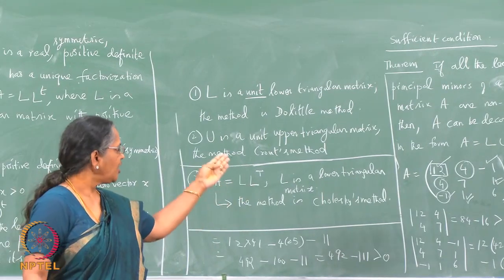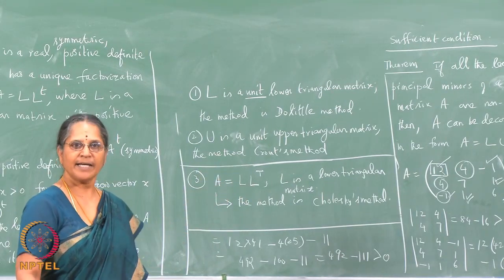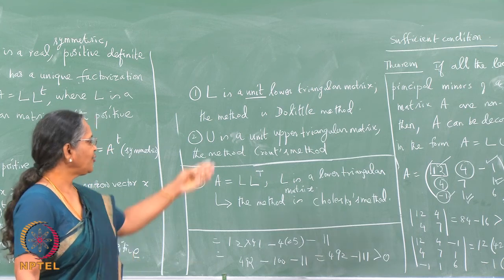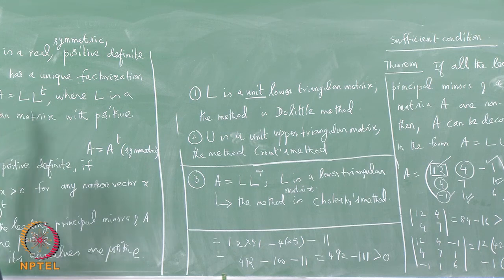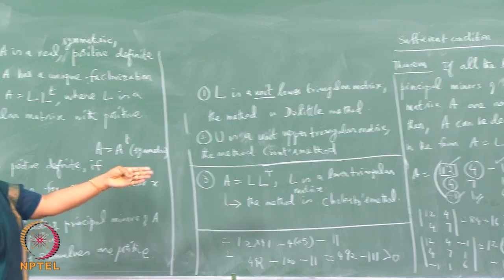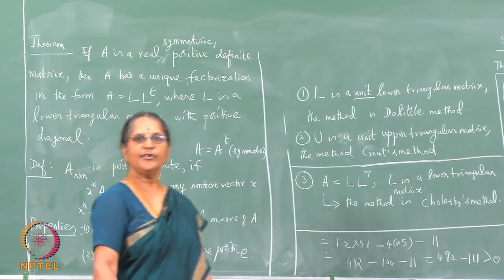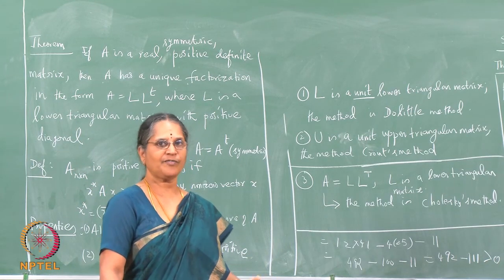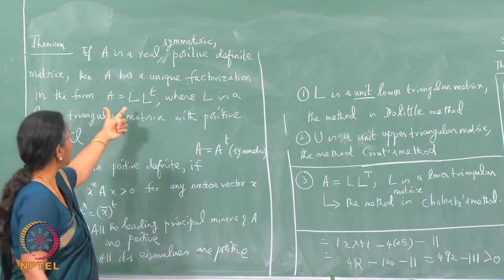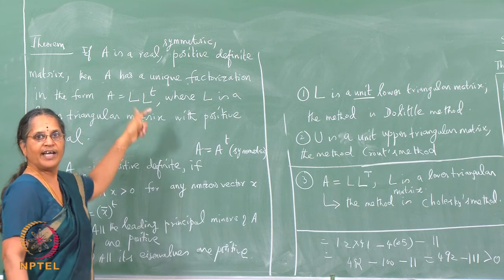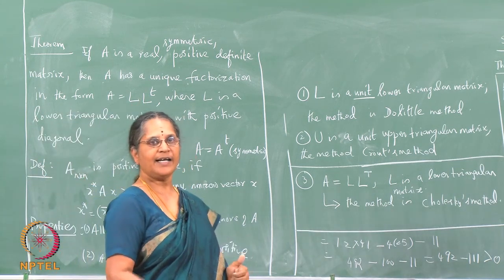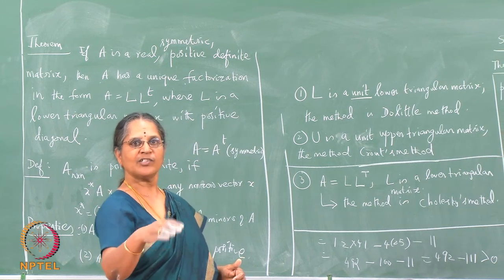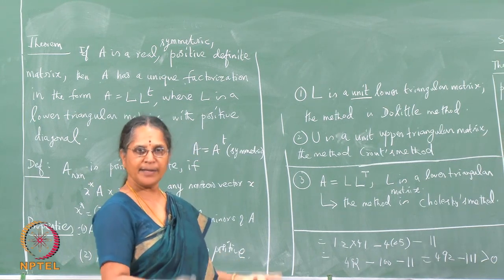In addition, all its leading principal minors are positive, and therefore, the matrix A is a positive definite matrix, and therefore, by this theorem, this matrix A possesses a unique decomposition of the form A is equal to L into L transpose, where L will be a lower triangular matrix and the diagonal entries on this lower triangular matrix will all be positive.